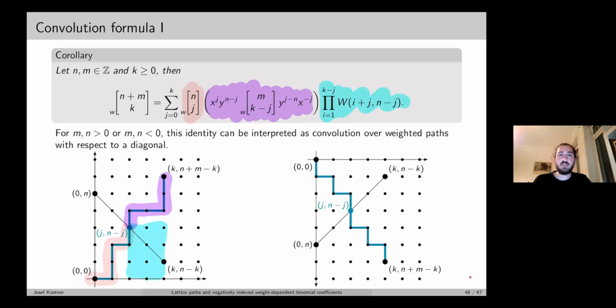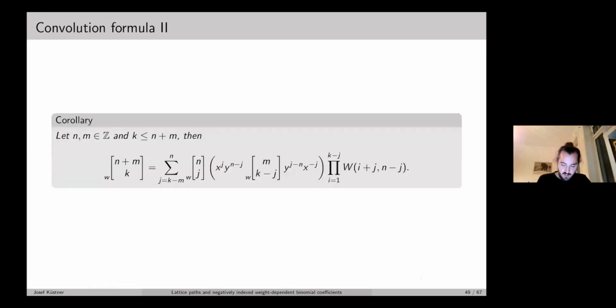And in the ordinary case, if you take all weights equal to 1, this is just the fundamental convolution. And here in this picture, you see that this also works for the negative cases as well. But I will not go into detail. There's again another convolution formula. Now we sum from k minus m to n.